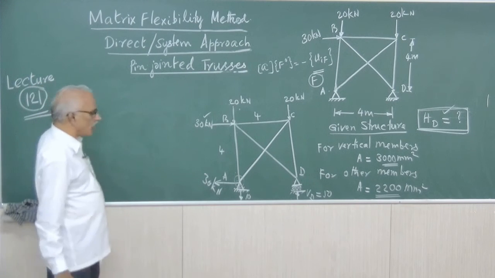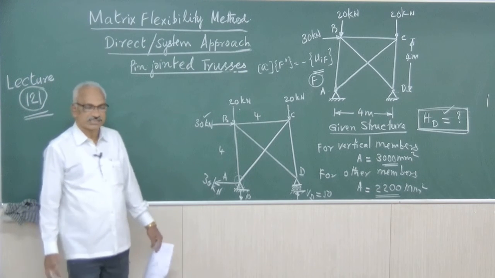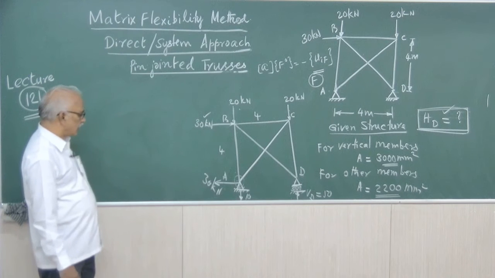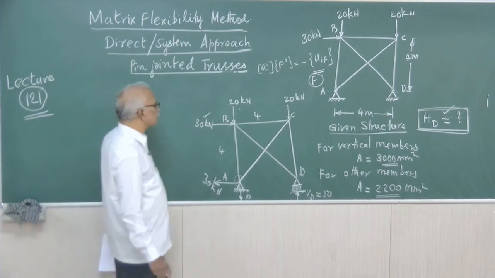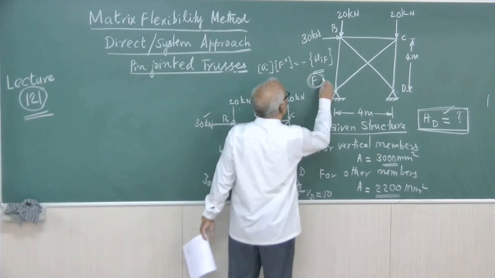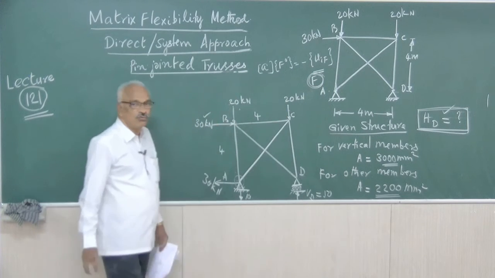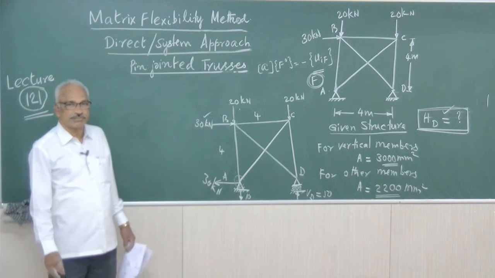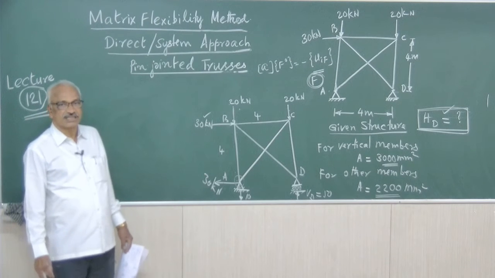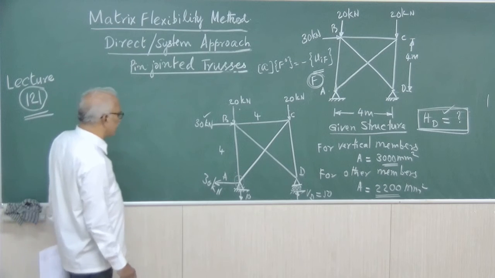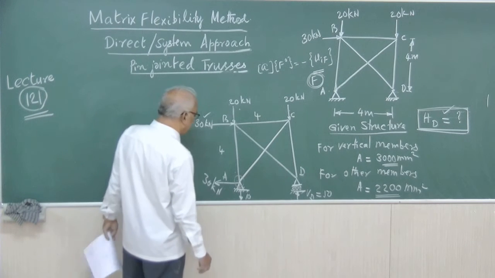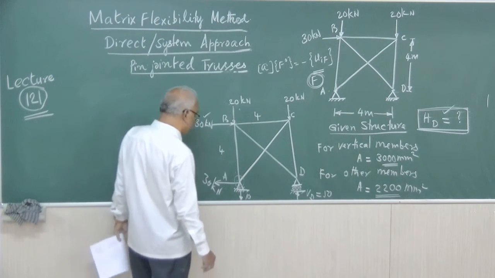Right. Now after finding out the reactions, we have to do the analysis by method of joints for getting the F values. For getting the F values, we have to find out the force in various members of the truss by method of joints. For method of joints, we have to start from a joint having not more than two members.